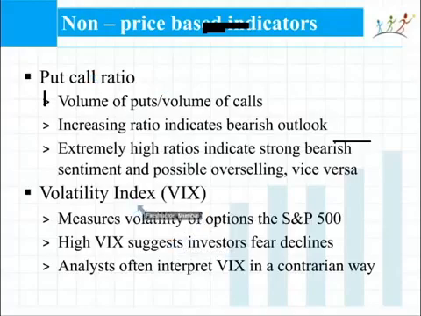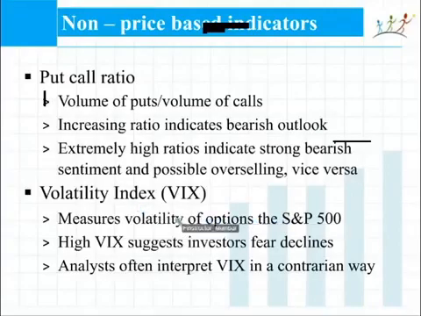Another indicator is called the volatility index. So the Black-Scholes model is not in the level 1 curriculum. When we study level 2, we will study an option valuation model called the Black-Scholes model. The Black-Scholes model can be used to measure the implied volatility of options.